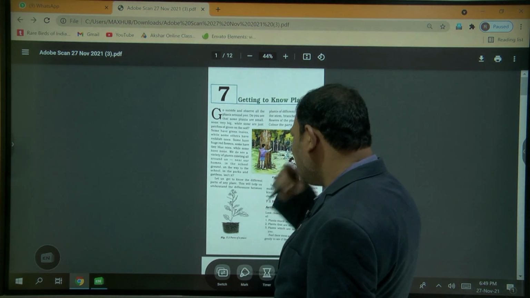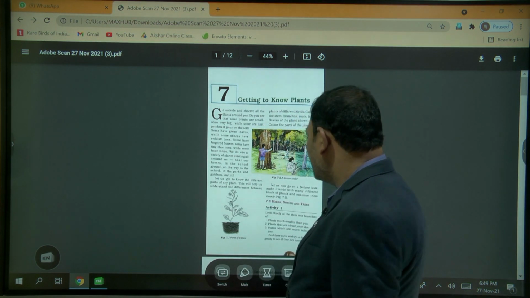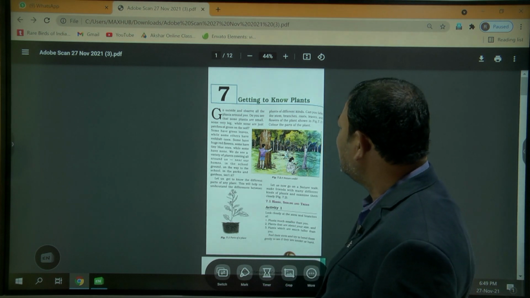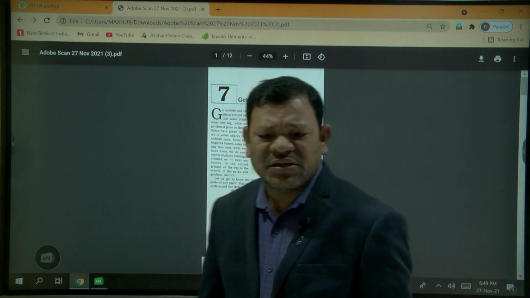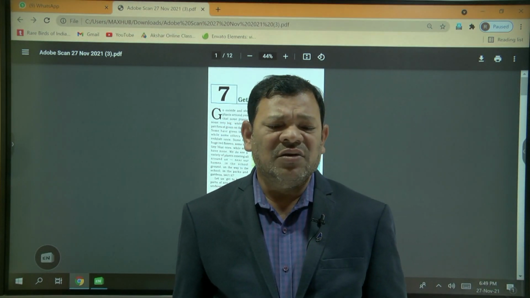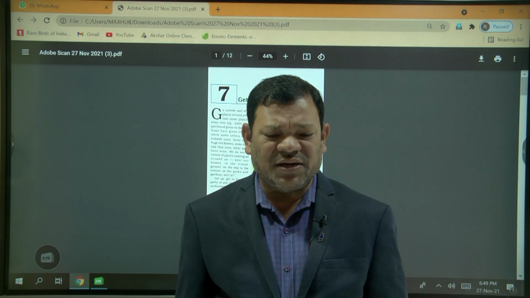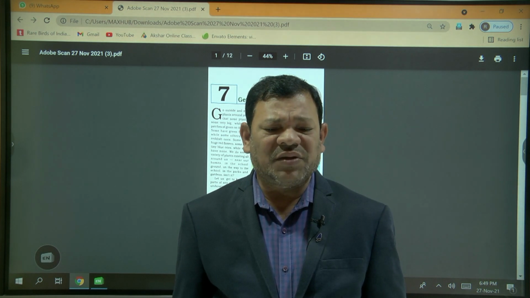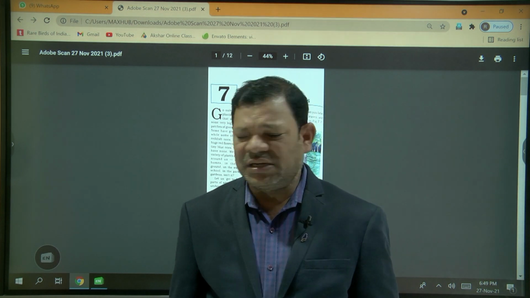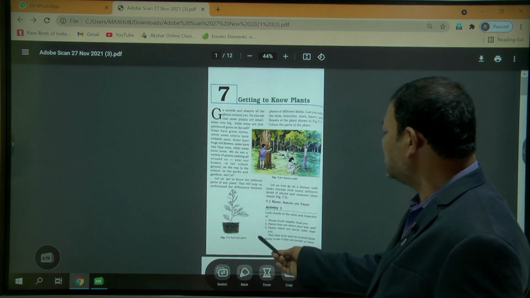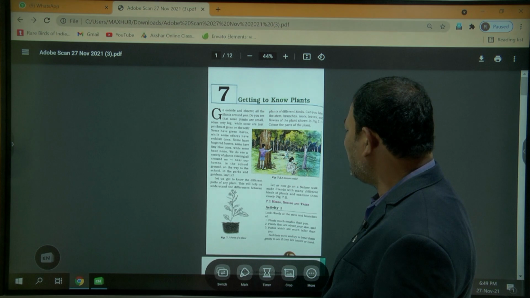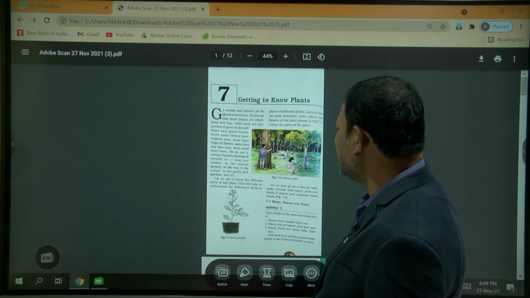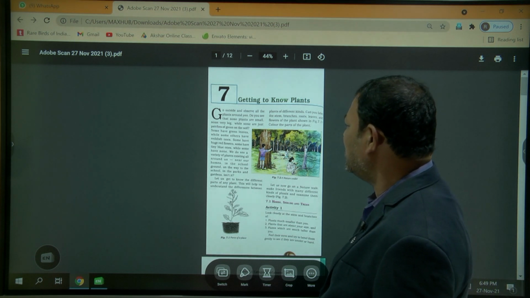In the previous class we studied the uses of plants and the parts of a plant: root, stem, leaves, flowers and seeds.